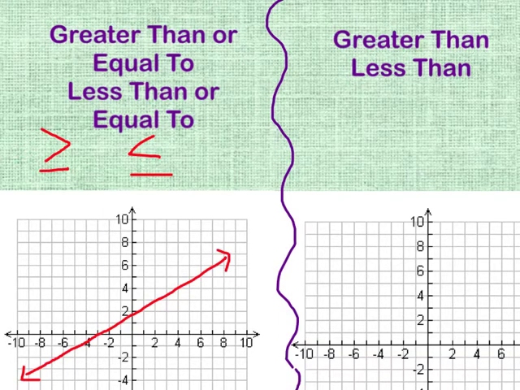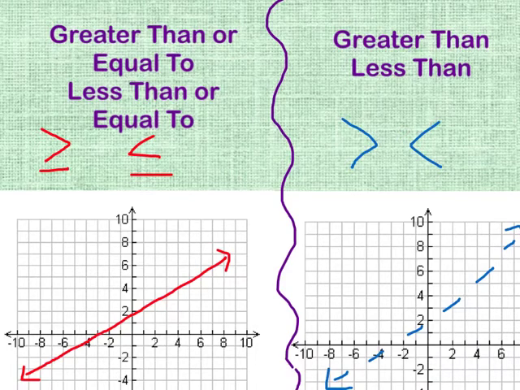When we graph equations that are less than or greater than, now remember those ones, that's greater than, that's less than, they do not have lines under them. When you graph an equation using those, you're going to use dashed lines like this.